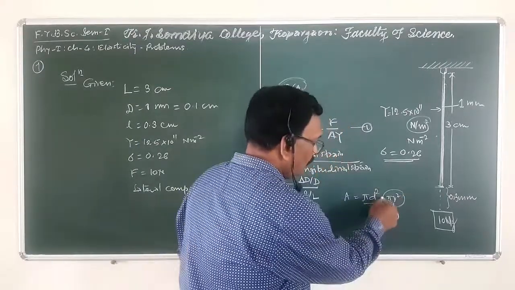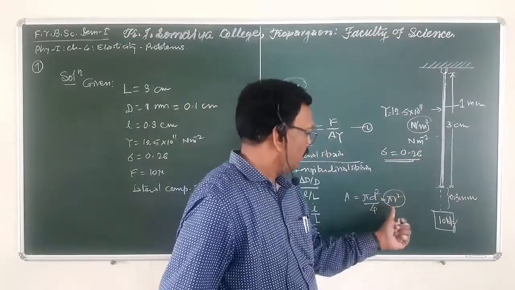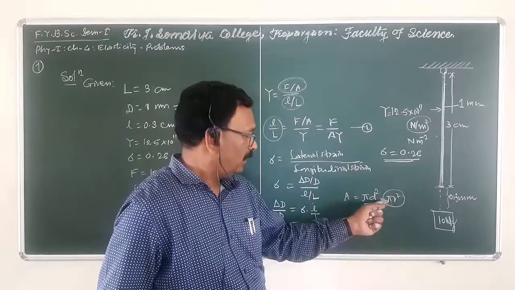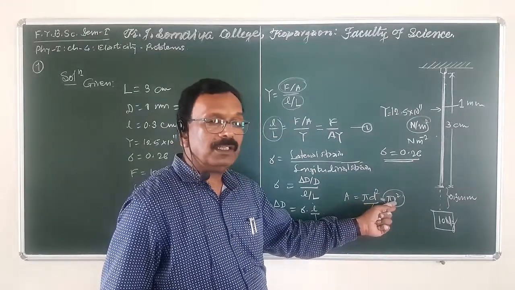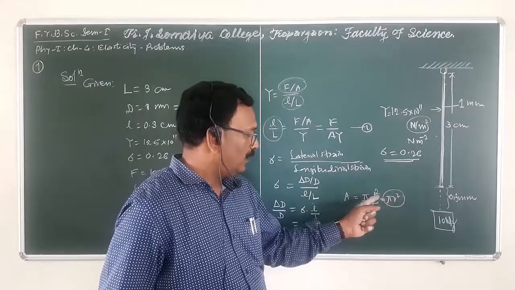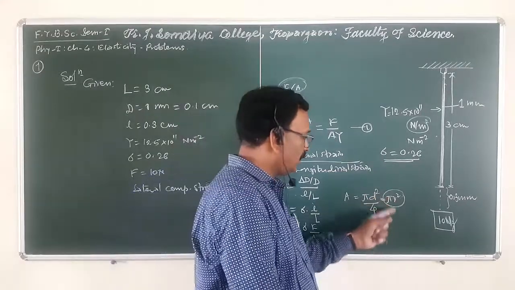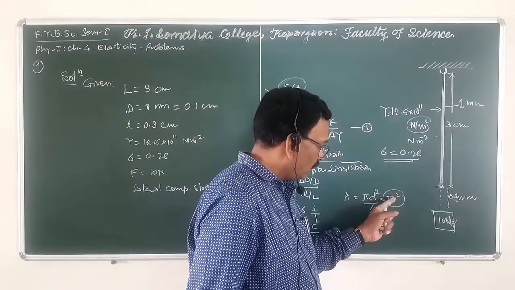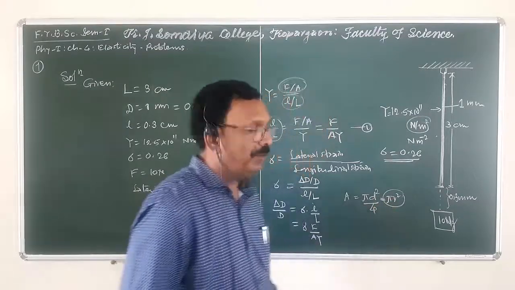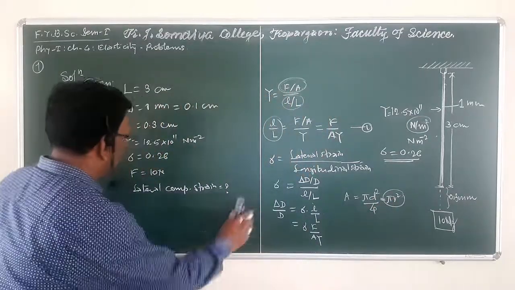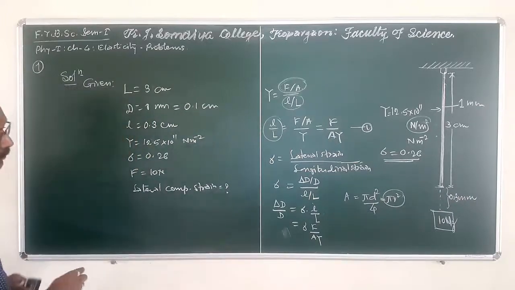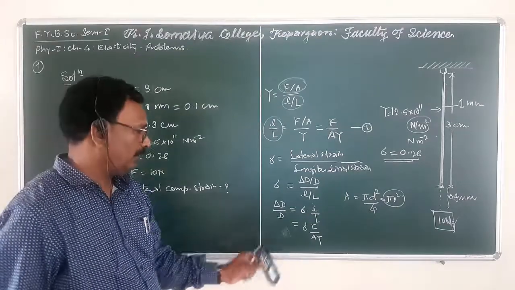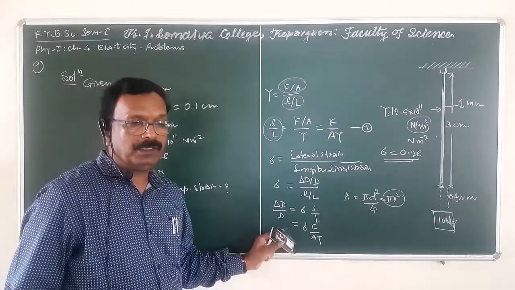This is the formula for area of the wire, since the wire is cylindrical. But what is r? r is nothing but half of the diameter, so r is equal to d by 2. When we substitute r as d by 2, then square of d by 2 is d square by 4. And hence, substitute this in this equation. So, delta d, okay, am I right? Okay.